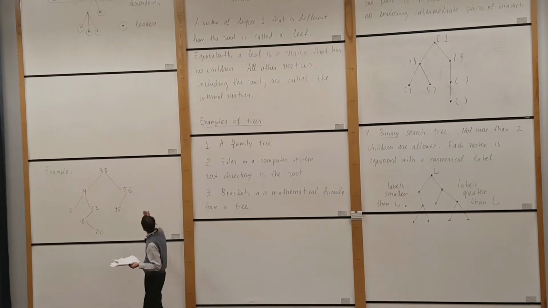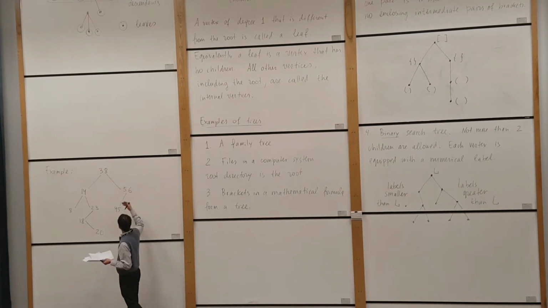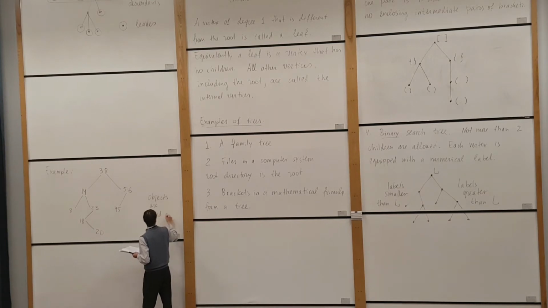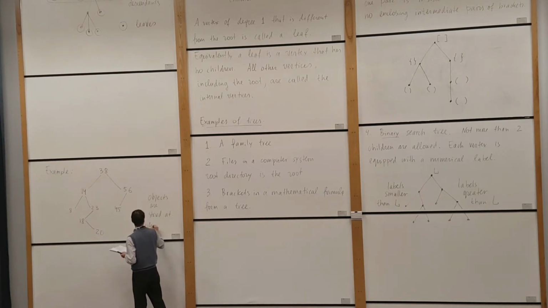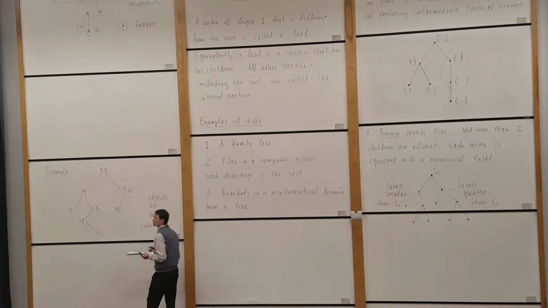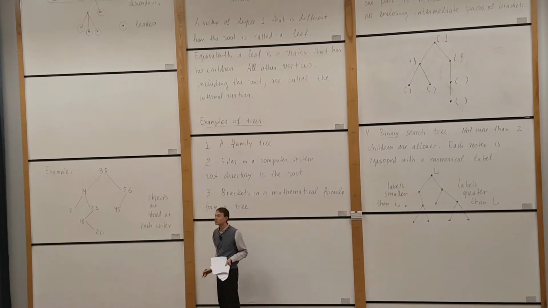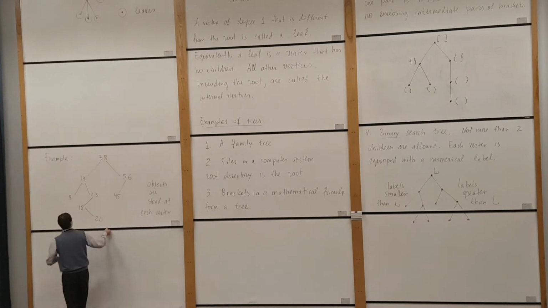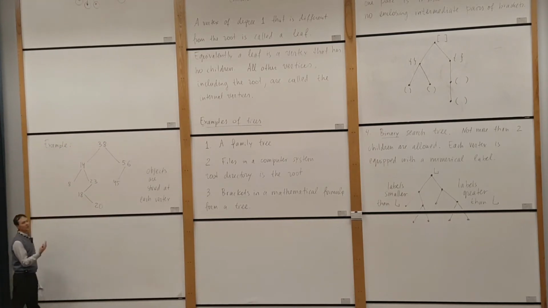And you can think that there are objects stored at each vertex, any kind of object, some information. And then, suppose you get a request, find in this tree the vertex which stores an object with a given label.